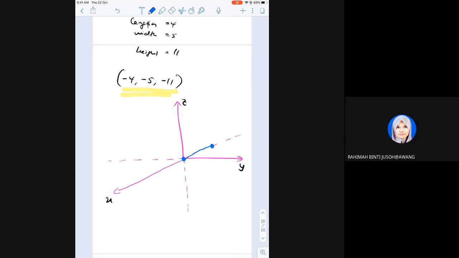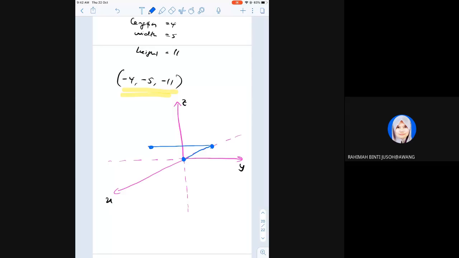Okay, negative 4. And then from the second point, we should move to the right or left? Should be at the left, sebab negative 5. Yes. So from the second point, we move to the left, negative 5 step. So stop here, like this. Okay.